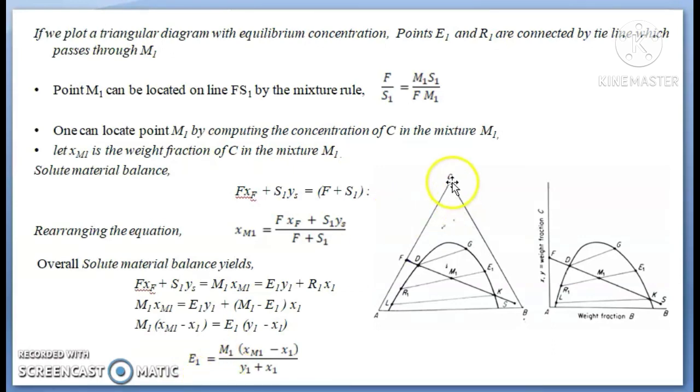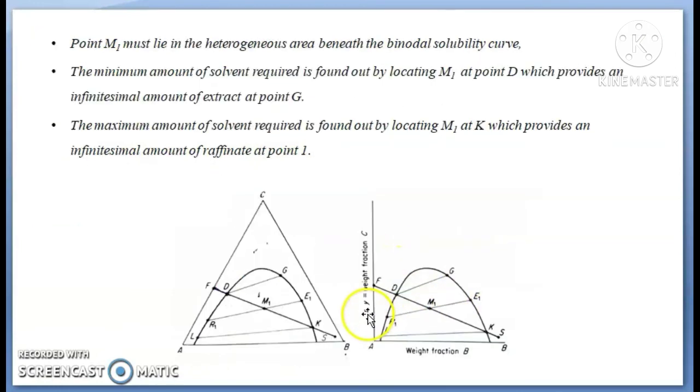These equilibrium characteristics can also be plotted on XY coordinates. In the same diagram, the binodal solubility curve is shown along with the different tie lines, and the mixture point M1 must lie in the heterogeneous area beneath the binodal solubility curve.